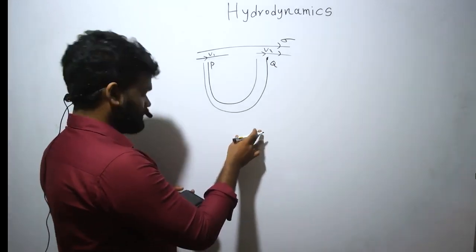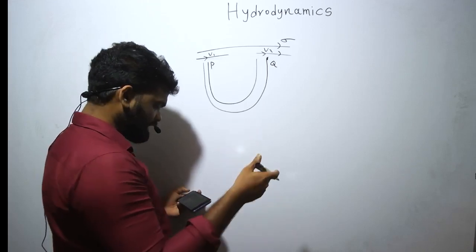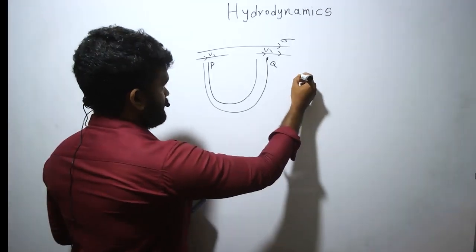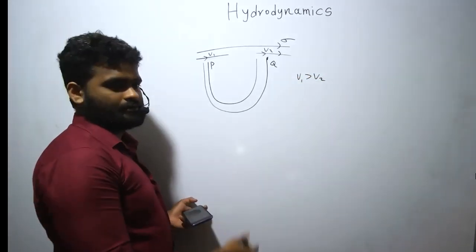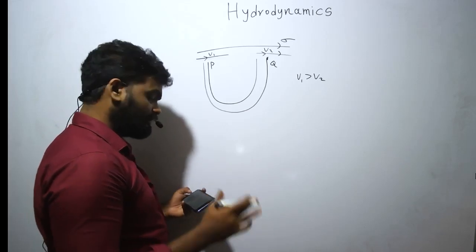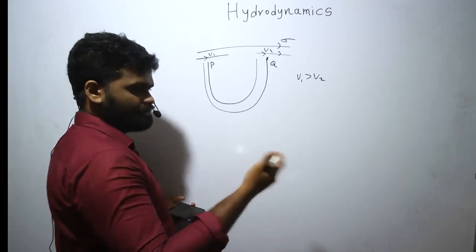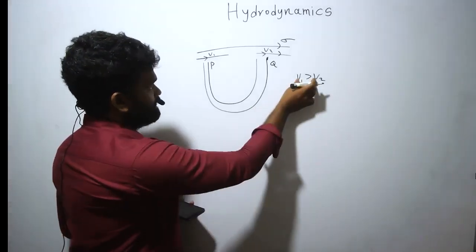Okay. They don't say which velocity is higher. So I'll just take V1 is higher, right? Doesn't matter. I'll just take V1 as higher velocity. Anyway, you just have to get the positive answer. Okay. So V1 is higher.